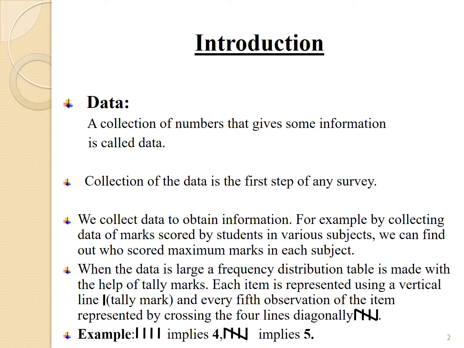In simple terms, we can say that a collection of numbers that gives information is called data. Collection of data is the first step of any survey. Before gathering or collecting data, we need to know for what purpose or reason we have to use data.